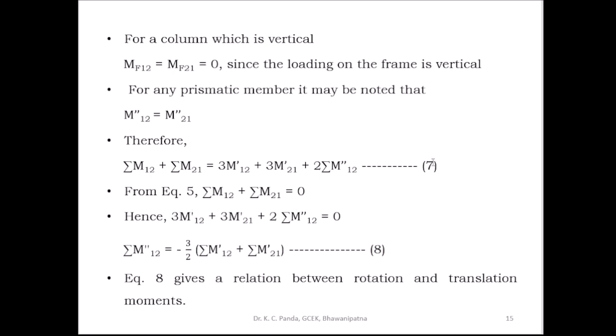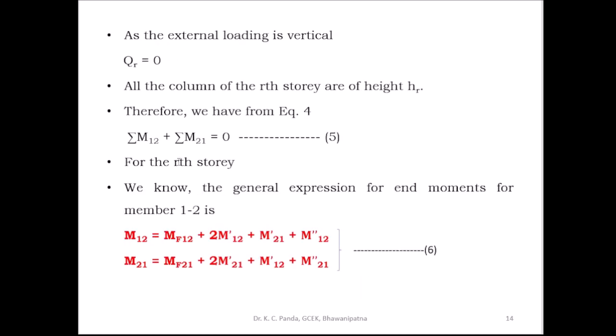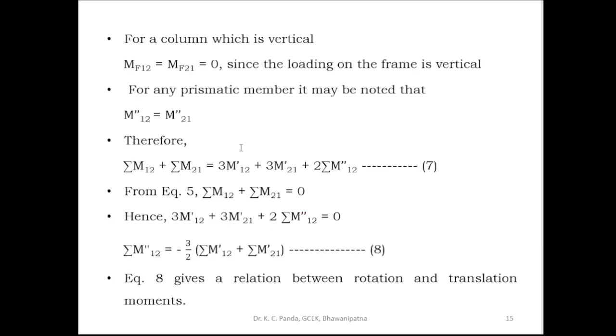This is equation 7. Then from equation 5, summation of M12 plus summation of M21 is equal to 0. So we set this equal to 0: 3M'12 plus 3M'21 plus twice summation of M''12 is equal to 0.